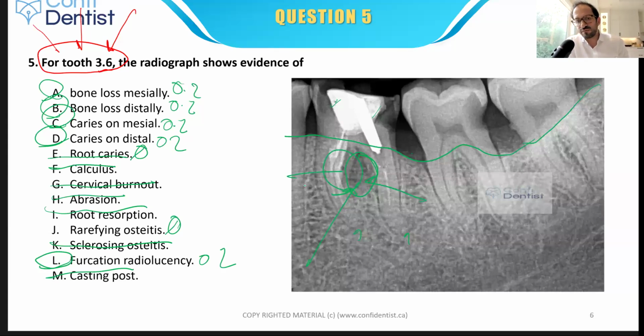So this case had a furcation perforation on the mesial surface. So this is typical of cases that we see with furcation associated with an endodontic lesion rather than a periodontal lesion.